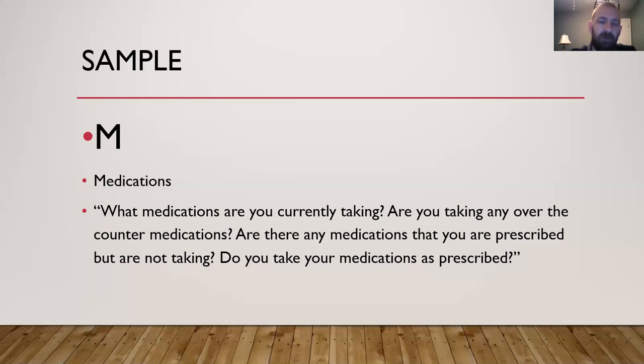So part of this follow-up question here is these next two. Are there any medications that you are prescribed but are not taking? This is important to know because medications will point us in the directions of medical problems, right? Like, do people that do not suffer from severe allergic reactions have prescriptions for EpiPens? No, they don't.